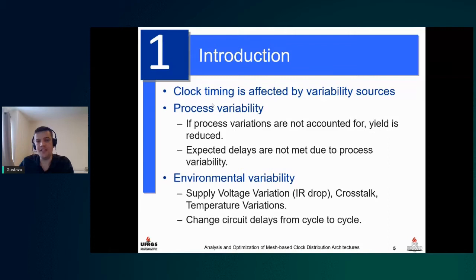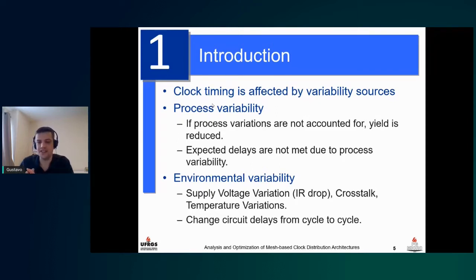The clock timing is affected by variability sources, as you may very well know. Those variability sources come from two different origins. One is the process variability. If we don't account for the process variability when we are fabricating our chip, we may have our yield impacted.